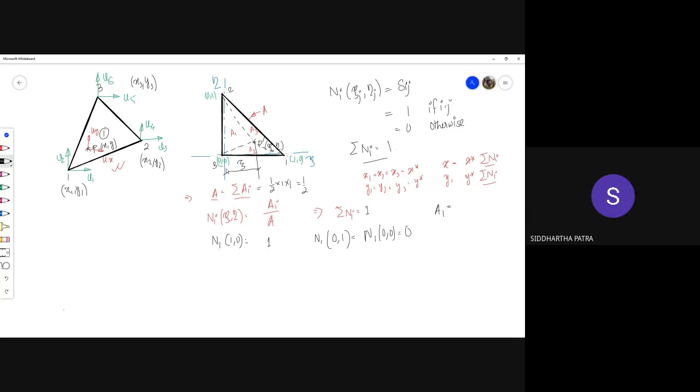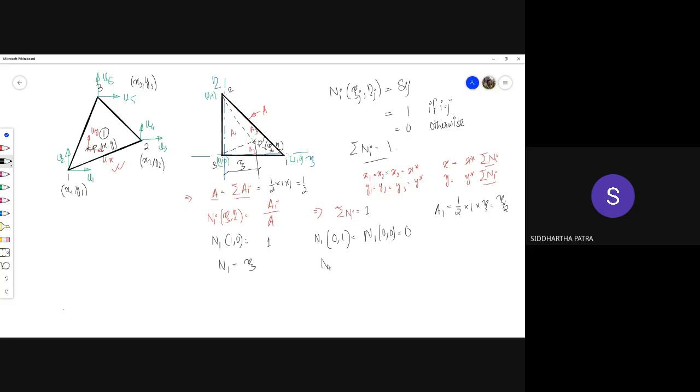The normal distance from the line 2 3 is xi. So half, because it's a triangle, then the size of the base is 1, because the coordinate of 2 is 0, 1, and then multiplying xi. So it is xi by 2, which tells us that N1 is xi.